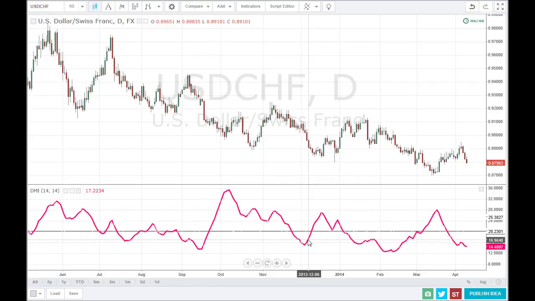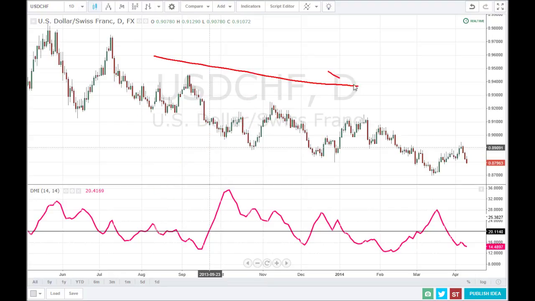I still have the US dollar Swiss franc chart. You'll see that as price downtrends, our ADX does drop into the 20 zone a number of times, but soon comes out.